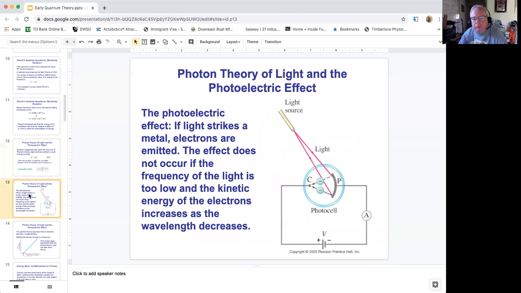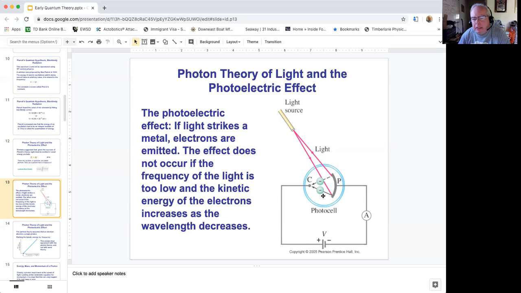Now this is seen very obviously in what's called the photoelectric effect. And I'm going to have a separate video that talks about the photoelectric effect. But essentially the idea is that light, typically of very short wavelength, high frequency and high energy, when shining on a metal surface can actually emit electrons. And that's what we opened with when we talked about a cathode ray tube.